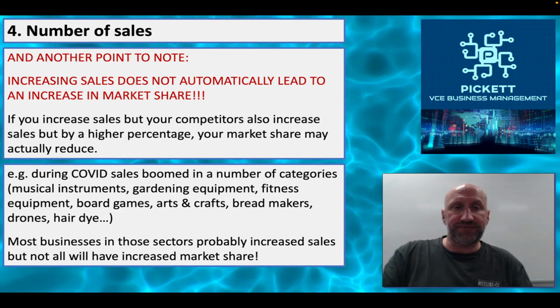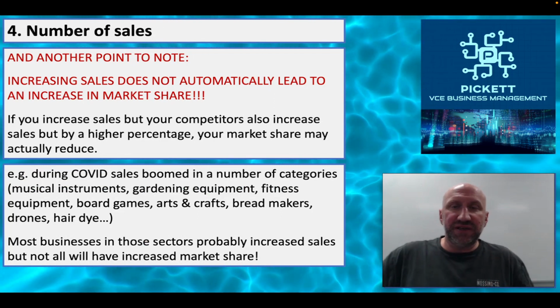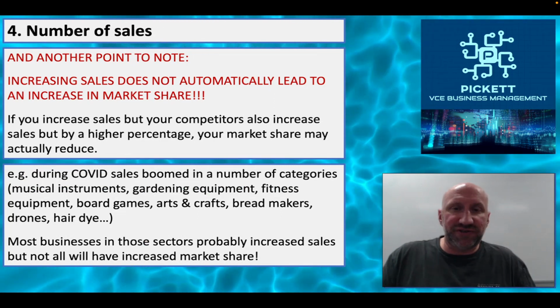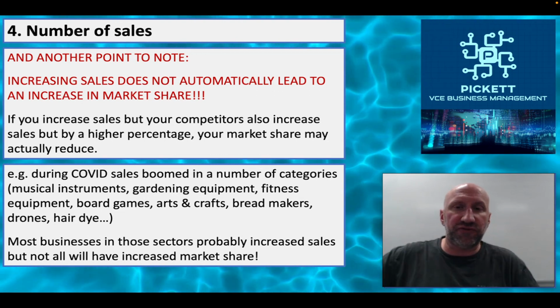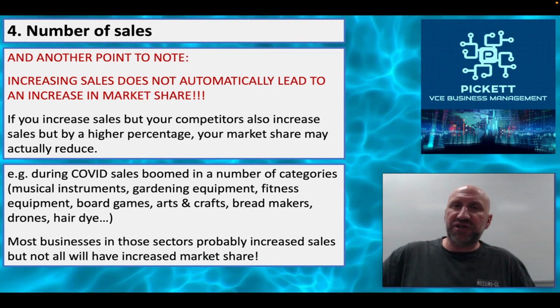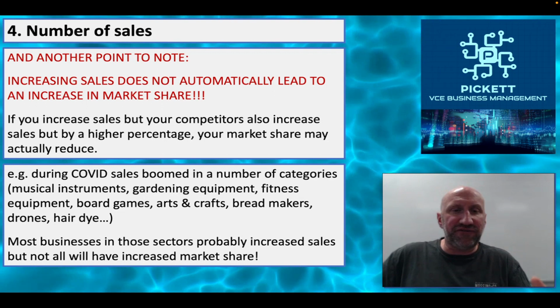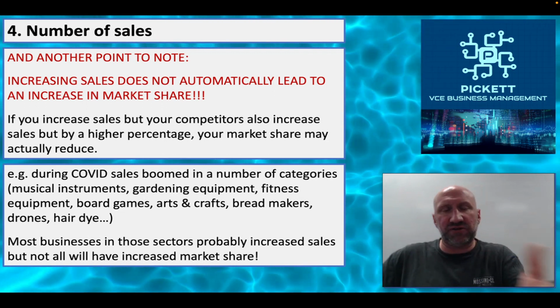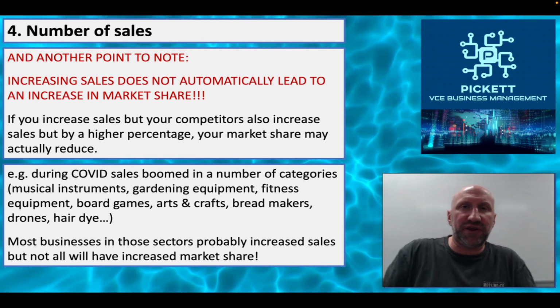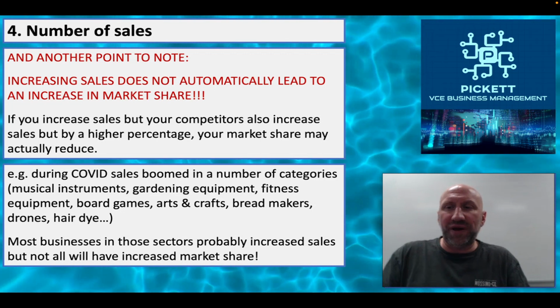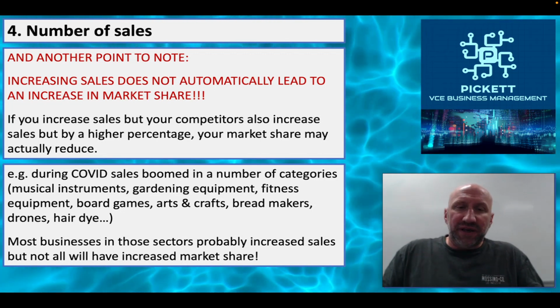So for example, during COVID, sales in a whole bunch of different things absolutely went through the roof. Musical instruments, gardening equipment, fitness equipment, board games, arts and crafts, so on and so forth. I think if you look at those, it's fairly obvious to see why that might have happened.